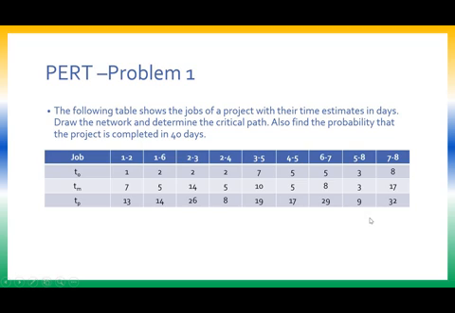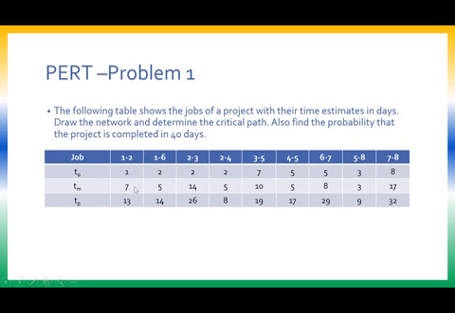Whenever a problem is given in case of PERT, the first thing that you need to look into is the validity of the data given. How do you check the validity of the data? Always your pessimistic time should be more than your most likely time, or at least equal. It should never be less.